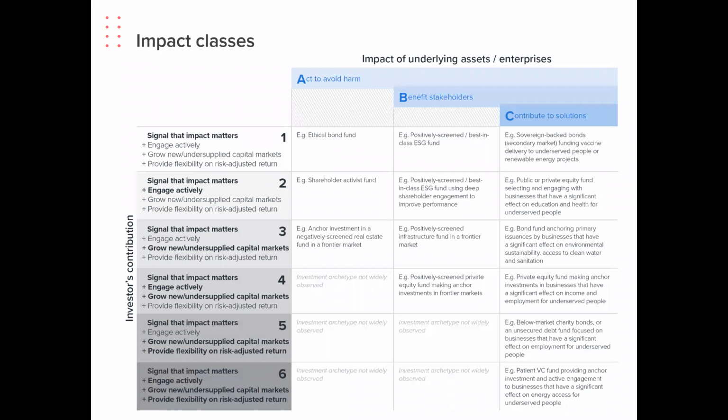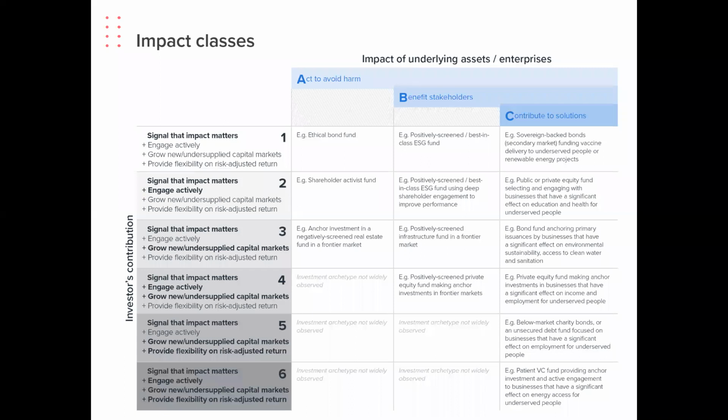It's worth noting that investors' motivations might translate to several goals that span these categories, and equally they may employ different investor contribution strategies with the different assets in the portfolio. So when constructing a portfolio, it may span several of these different impact classes.